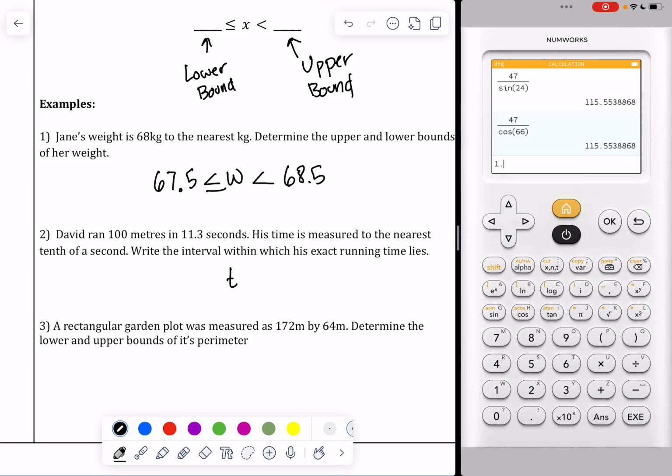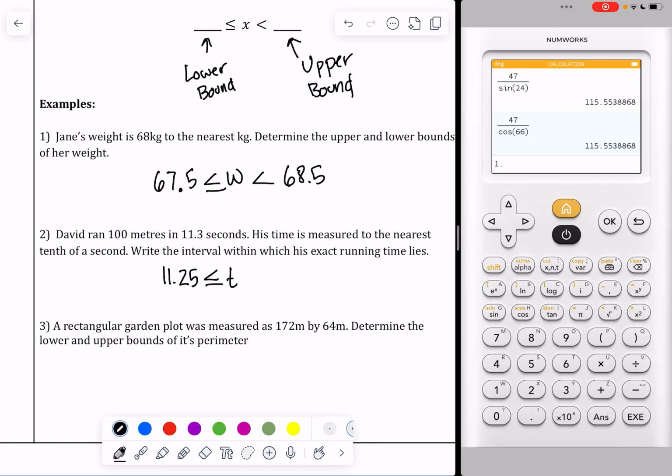And so we need to think, okay, the value 11.29 also would have rounded to 11.3, 11.28 would have rounded, 11.27, 11.26, everything equal to or bigger than 11.25 will round up to 11.3. So 11.25 is our lower bound.